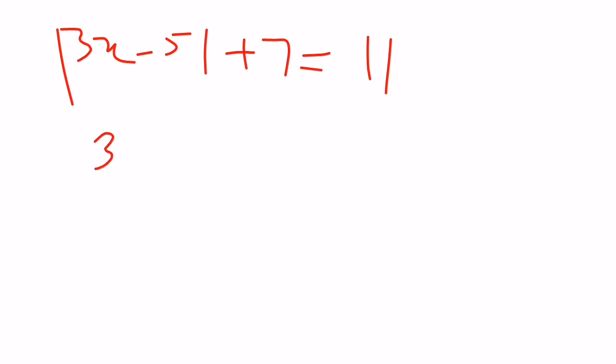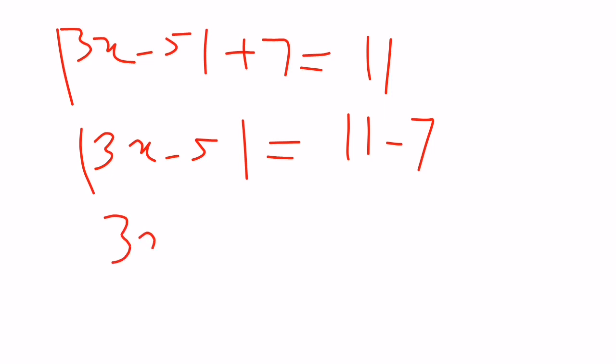This becomes |3x − 5| is equal to 11 minus 7. After that, |3x − 5| is equal to 4.